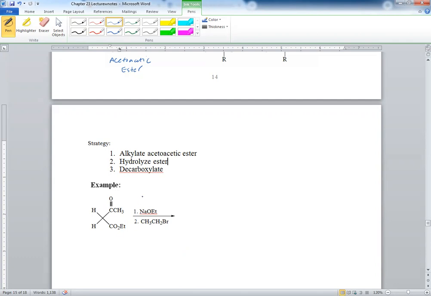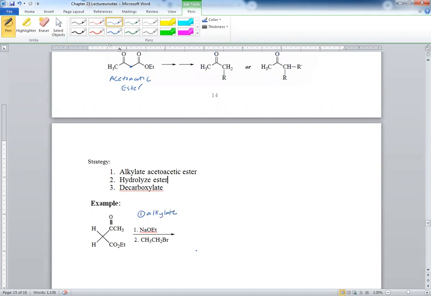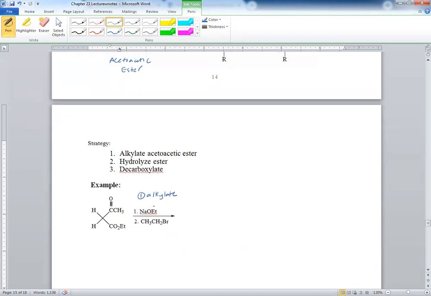What you're trying to do, so this is step one, is alkylate. Be prepared to write quite a bit here, not necessarily lots of arrow pushing, but steps. So we have this as the OEt.